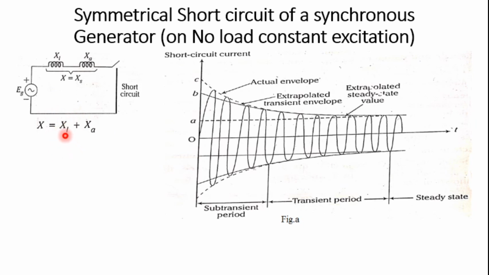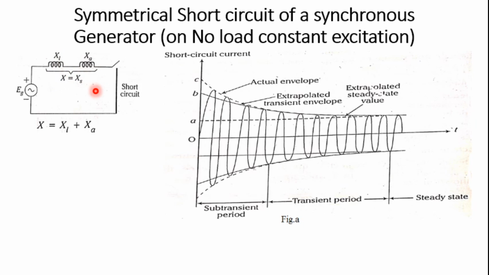This is denoted by XL. By adding up the leakage reactance and the armature reactance XA, we get the synchronous reactance, denoted by XS. So X is equal to XS, adding up these two, which we call the synchronous reactance.